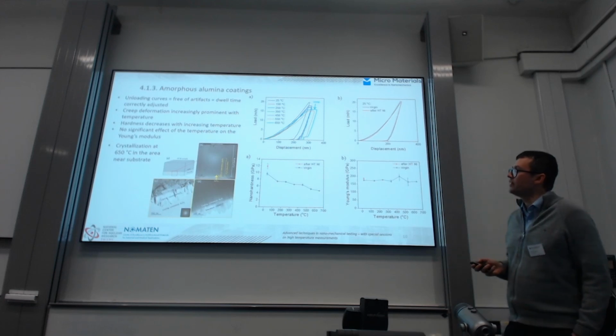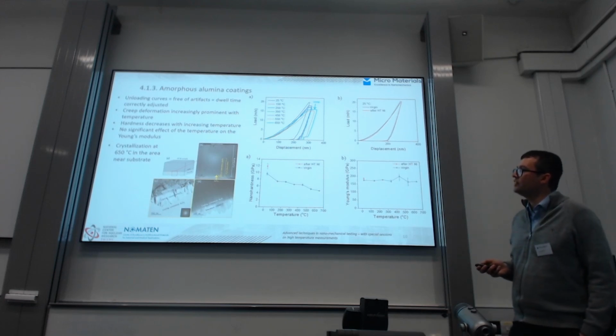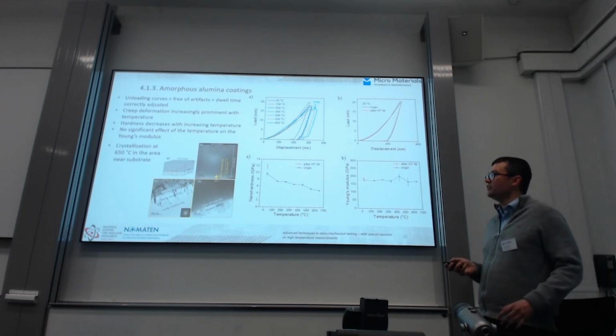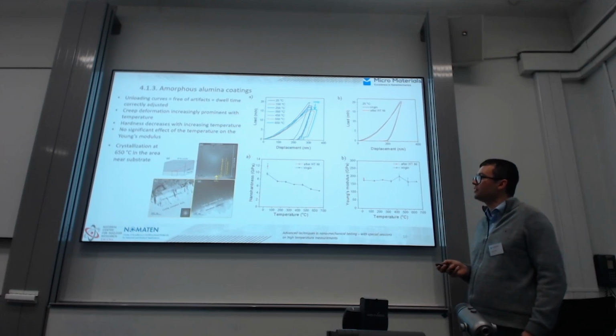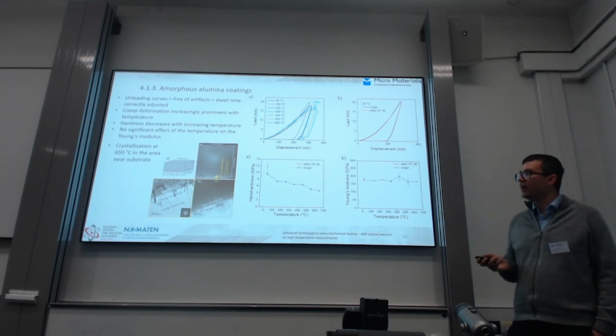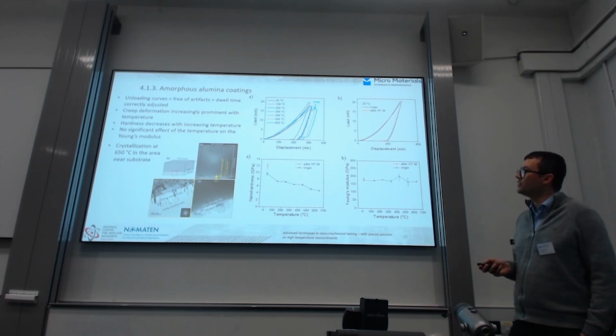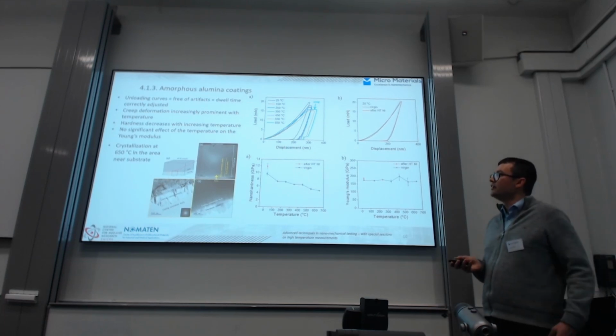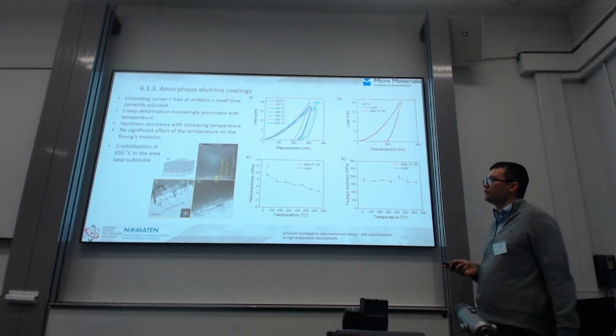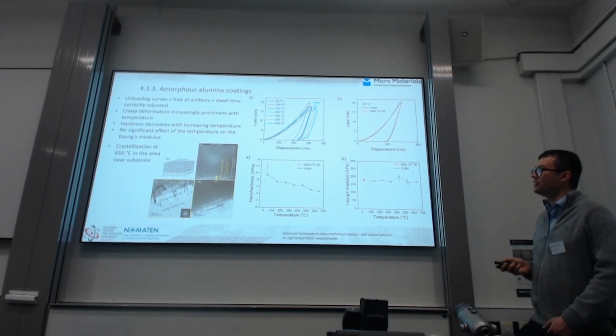So the temperature is not the same in the whole sample. Probably near the substrate the temperature was a little bit higher than at the surface of the thin films where we measured nanoindentation. So this temperature also should be precisely controlled.